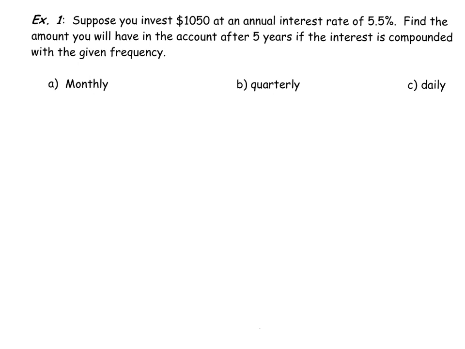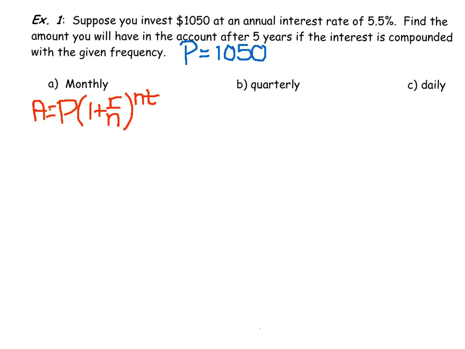We have our formula, A equals P times 1 plus R over N to the NT. What we need to know, and this is going to apply to every single one of these sections of this problem, P is our principal amount, our starting amount. That's $1,050. And I highly recommend that you write this out and you have it on the side so that you know what to plug in.